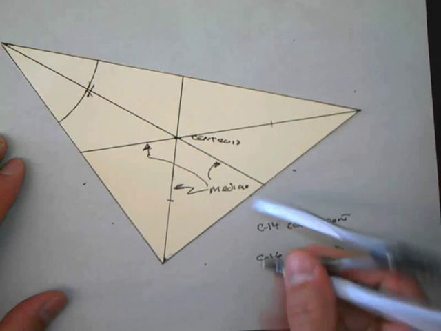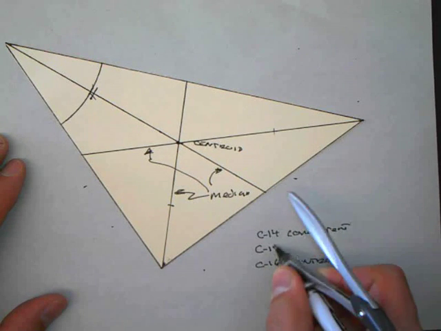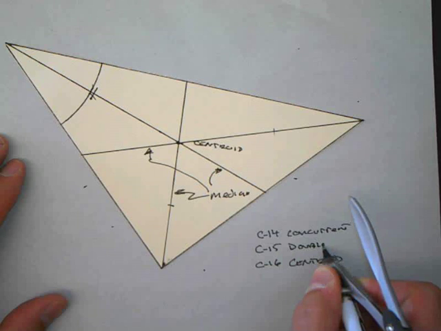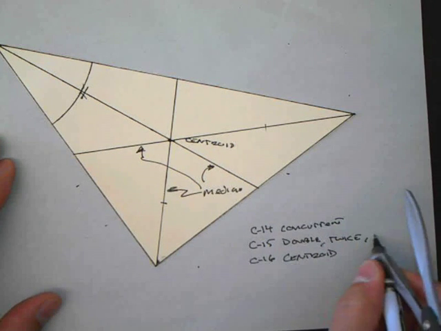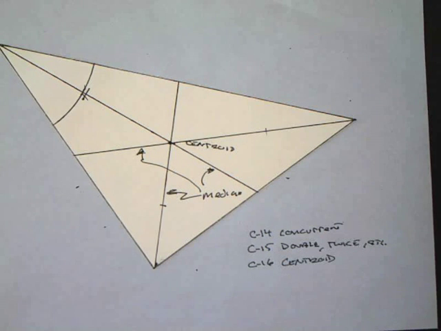Twice. Wait, I can't read C15. Double. Yep. It's double or twice.